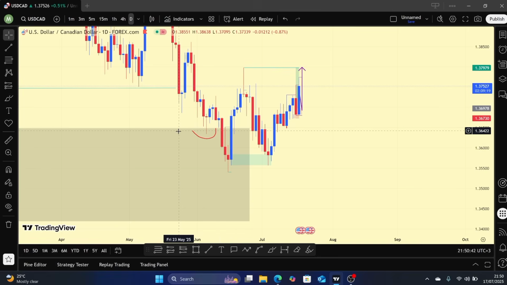Then after price mitigated the extreme order flow, you can see some introduction of buyers and some buying momentum, and price created this dragonfly doji. After this big selling candle, price created the dragonfly doji, indicating some buying pressure because of this long wick rejecting the lower prices.